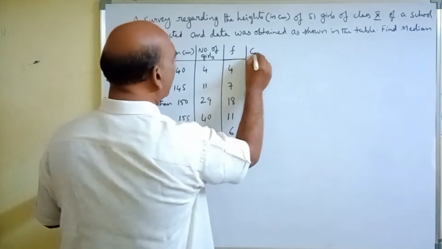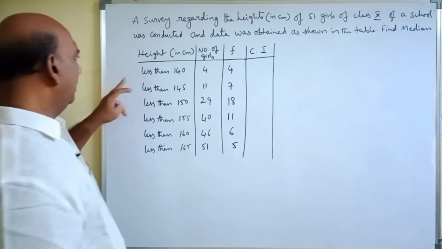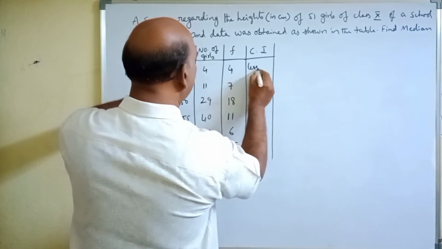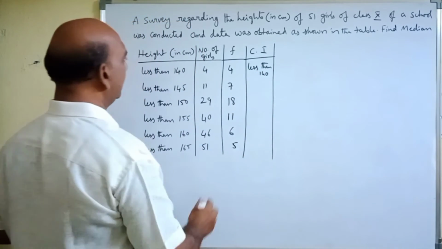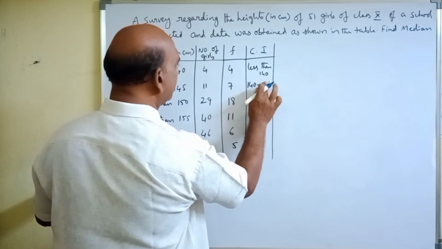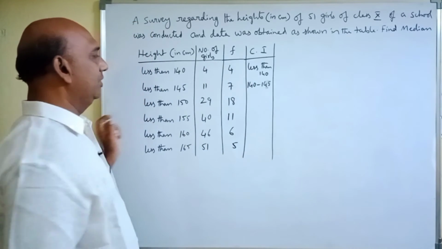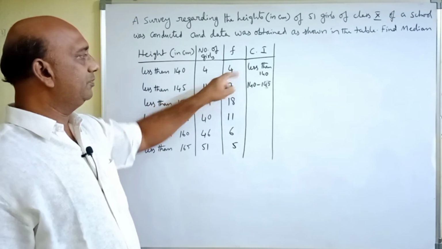And now write the class intervals. The first class is less than 140. So write this as less than 140. And then 140 to 145, the students are 7. Less than 140 centimeters height, the number of students is 4.